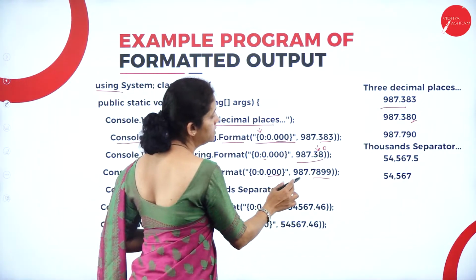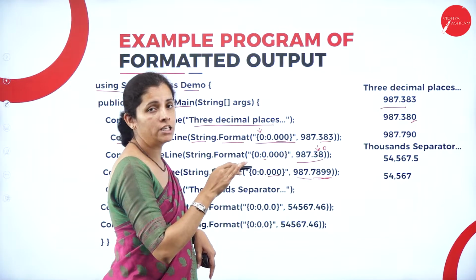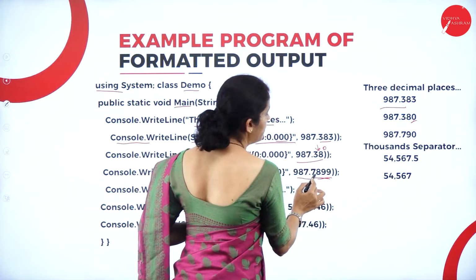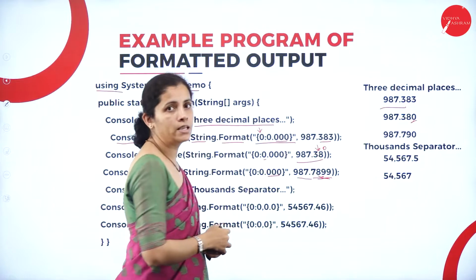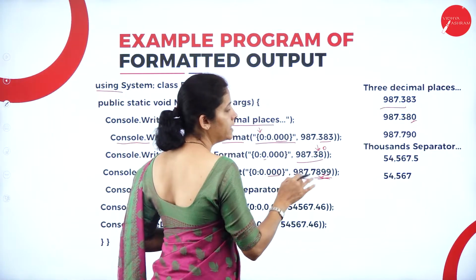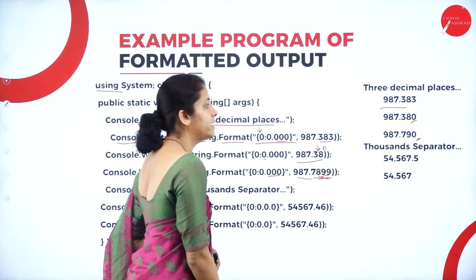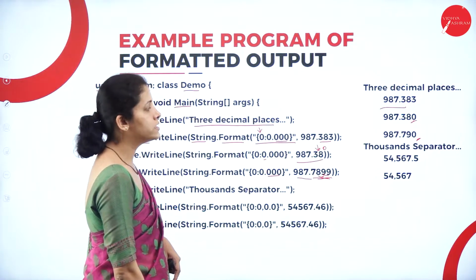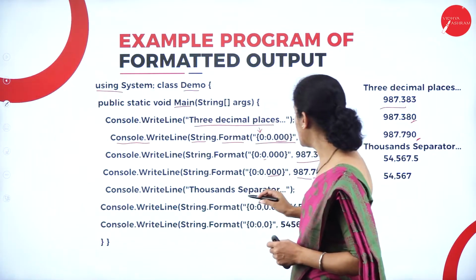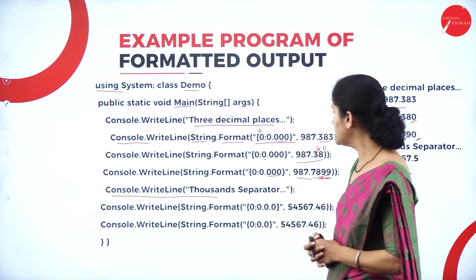Now, if I consider this one, I have 4, but I want only 3 decimal digits after my fraction. So here 7, it is 89, it is nothing but 9. Then if I consider 9, then it is 0. So I'll write 987.790.